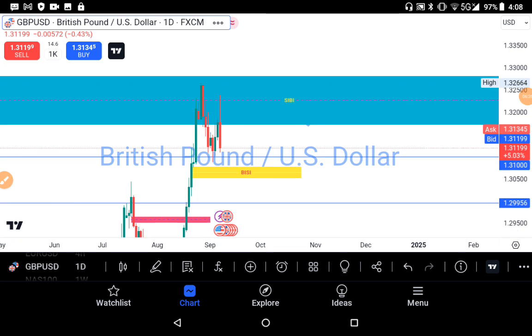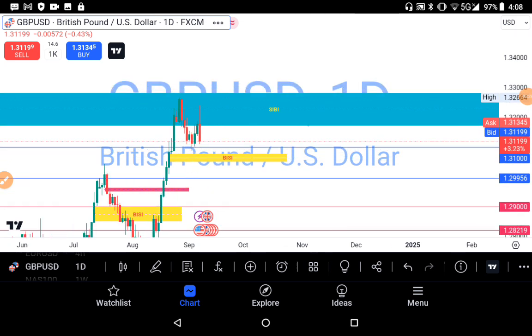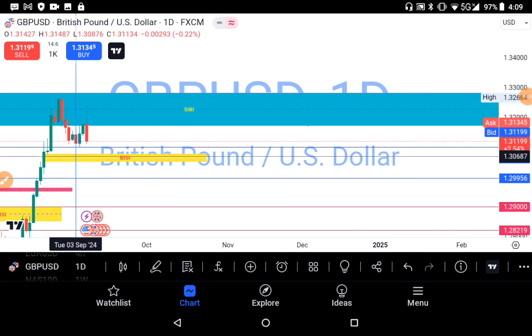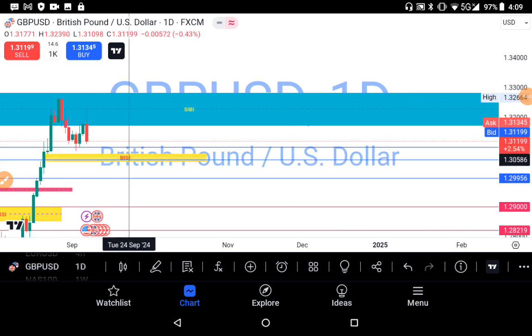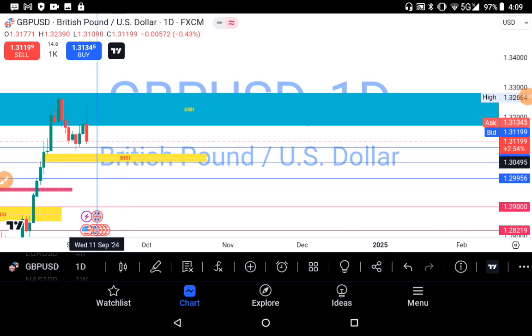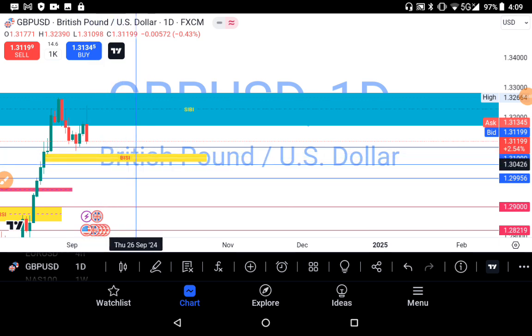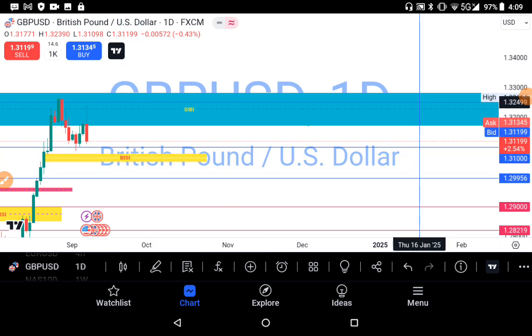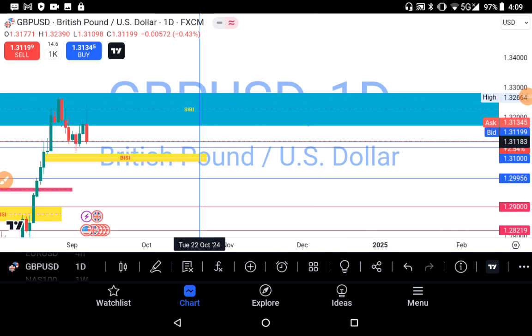So the coming week, I'll be watching if the market is going to take out this high here, or we are coming back into this level, then we attack this BC. But personally, I'm interested in attacking this BC. But if we do not see this, we'll be expecting the market to trade towards 1.33,000.